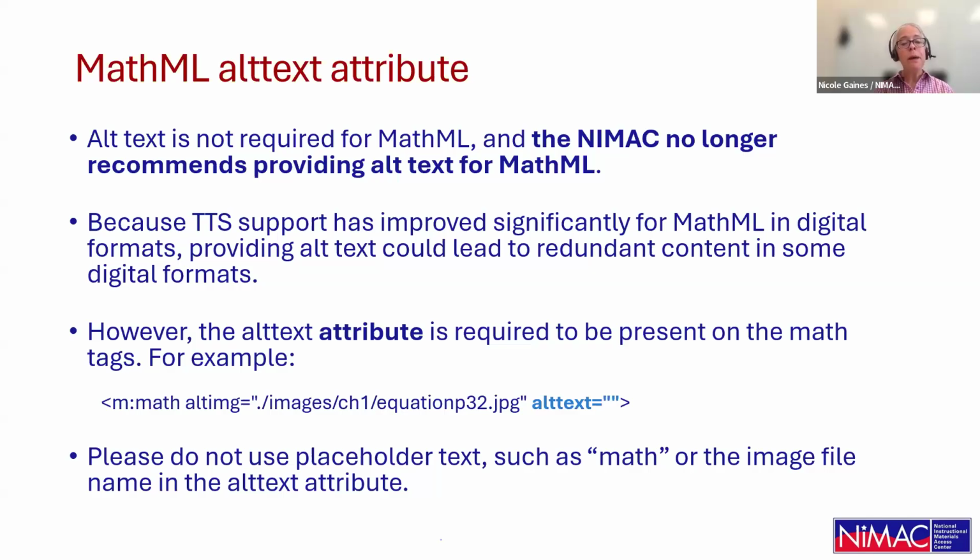If you are including MathML, and there's software that can use that MathML, then the alt text is not going to be required, and it might actually lead to the student hearing the same content twice, first from the MathML and then from the alt text. So the alt text attribute should be included on the tag, but we advise that it be empty.